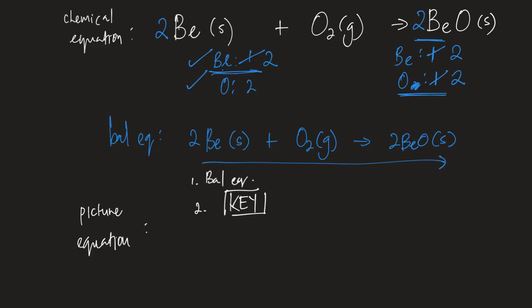So now I'm going to draw the picture equation. For beryllium, it's going to be a little white dot, and for any oxygens, a bigger dot that has stripes in it, so that represents oxygen.